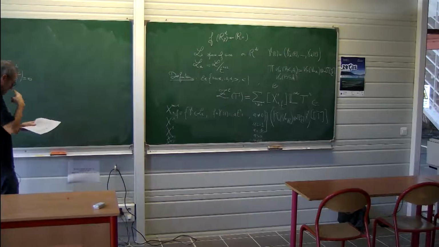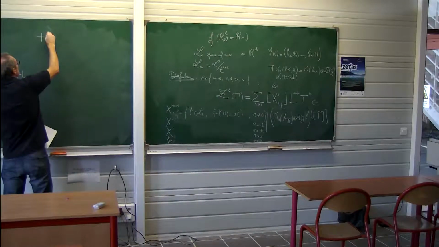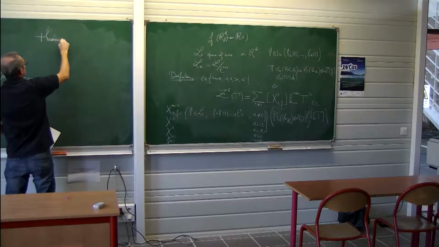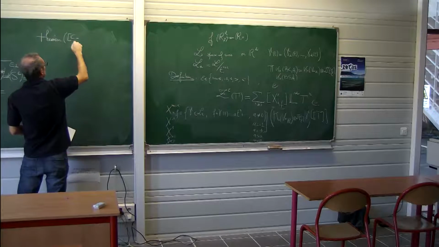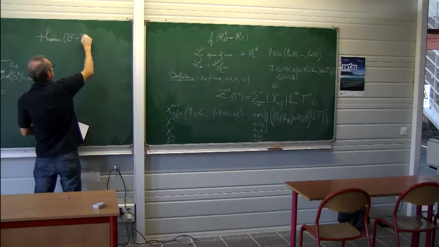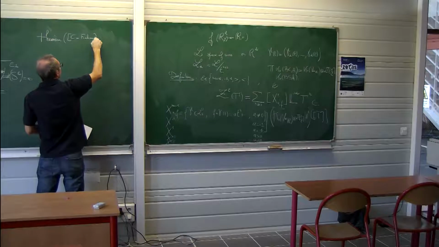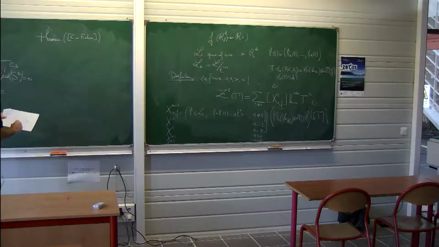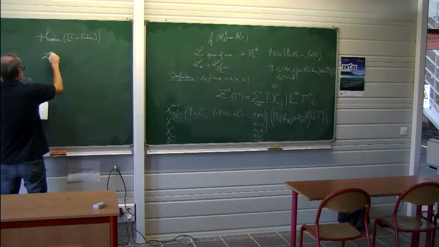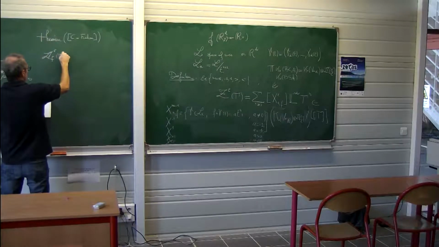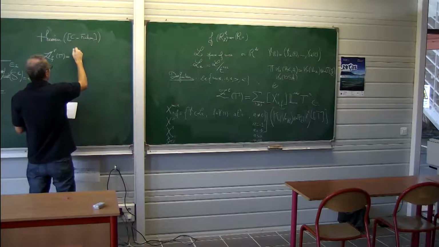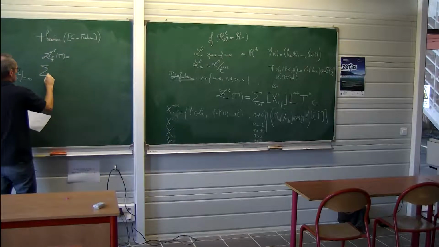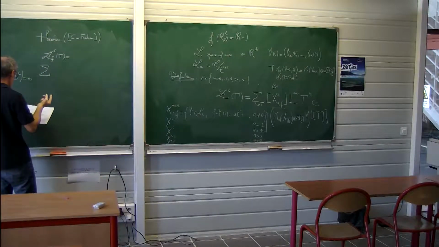Let me give you the theorem. So again, you will find this theorem in our paper. Whatever epsilon is, this zeta function is a rational function given by the following expression.